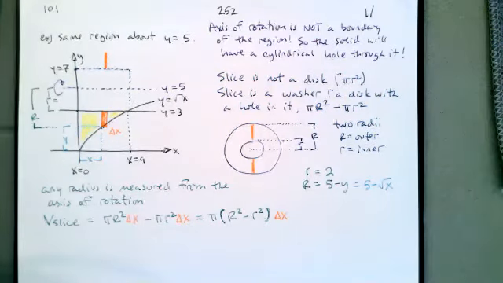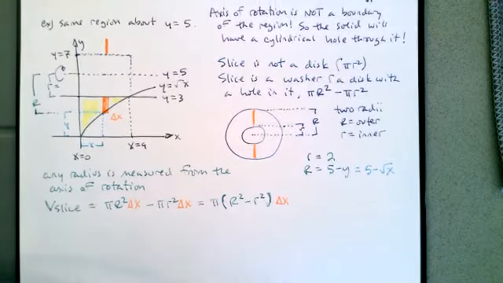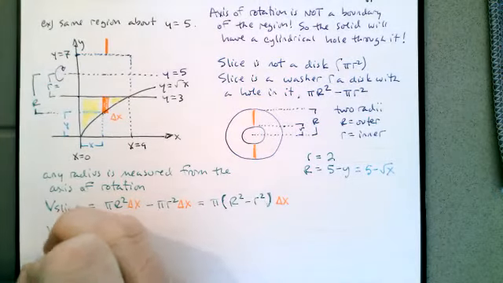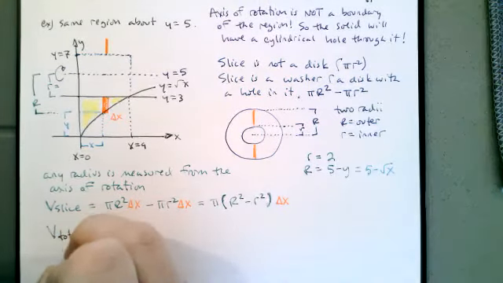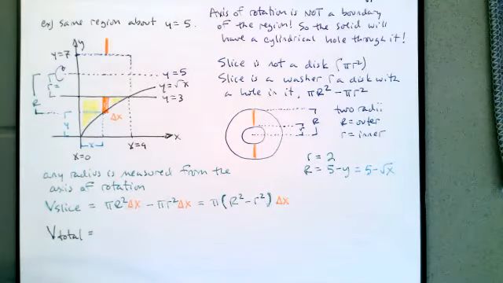Now I just need to put this all together into an integral, which I'll write as the total. I think I'm going to stop pronouncing this as the slice and the total, because YouTube is going to try to translate that into a word and it's not going to recognize it.